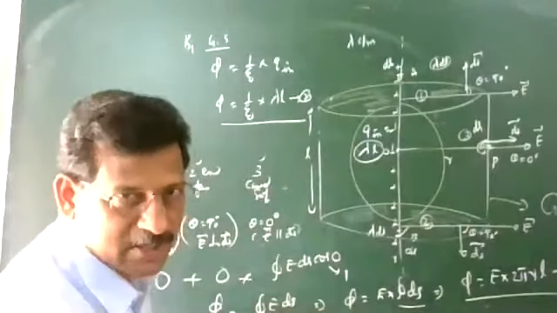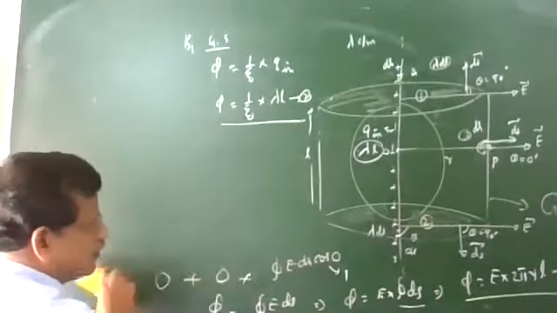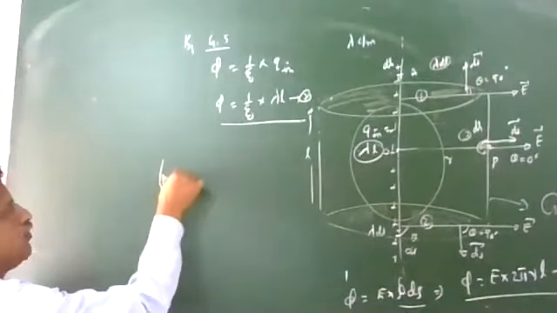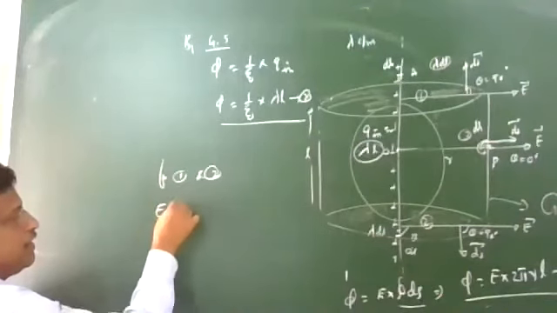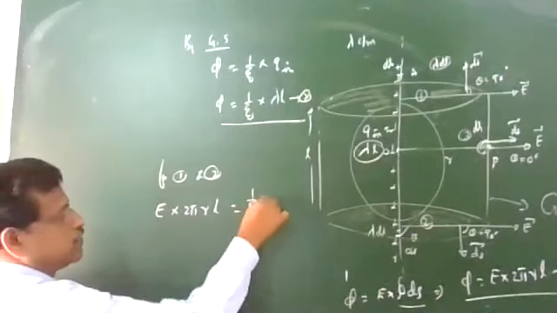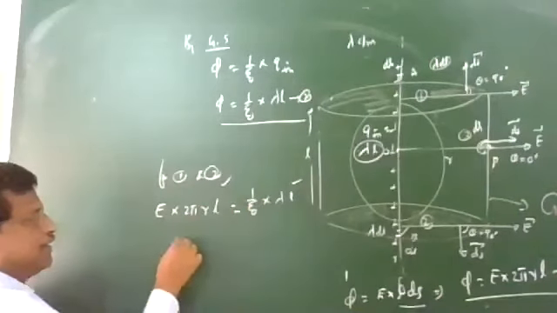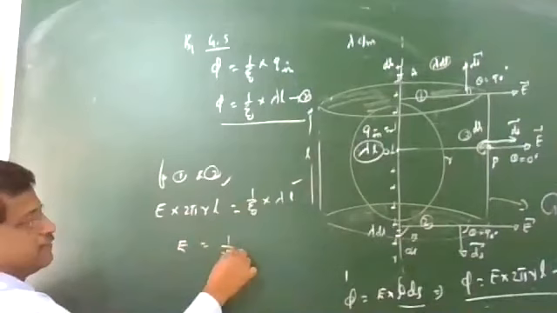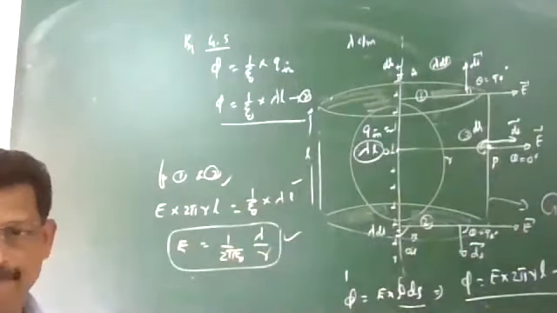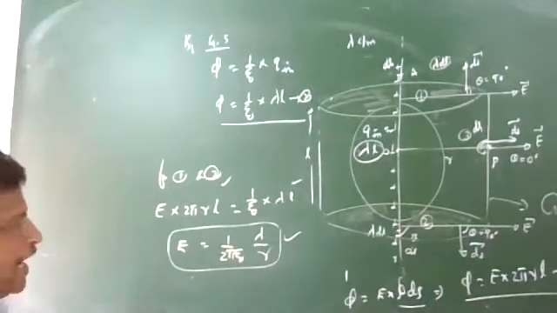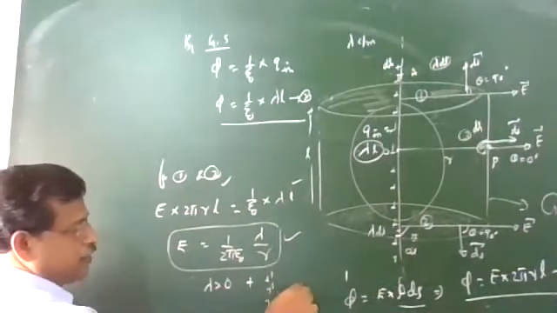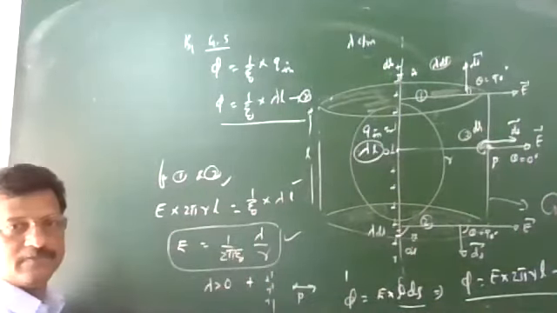We calculate the flux from the surface, and with the help of Gauss's theorem we calculate the flux again; now equate equations 1 and 2. E into 2 pi r L equals 1 by epsilon 0 into lambda L. So the electric field is 1 by 2 pi epsilon 0 into lambda by r. This is the equation of the electric field at the point P. If lambda is greater than 0, a positive charge, then at point P the electric field is directed out.